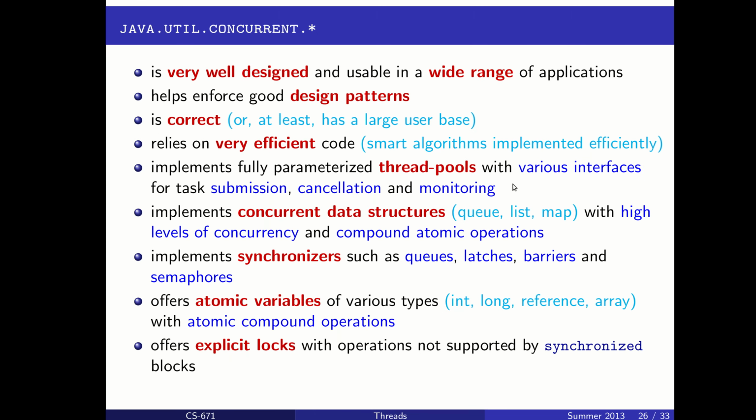There is a java.util.concurrent library that contains a lot of other things that can be very useful for more advanced threads and synchronization. It's got a wide range of possible applications. It helps enforce good design patterns for multi-threaded programs. It's probably pretty correct because it has a large user base and has been around for a little while, though it's a newer portion of the Java libraries than some parts.